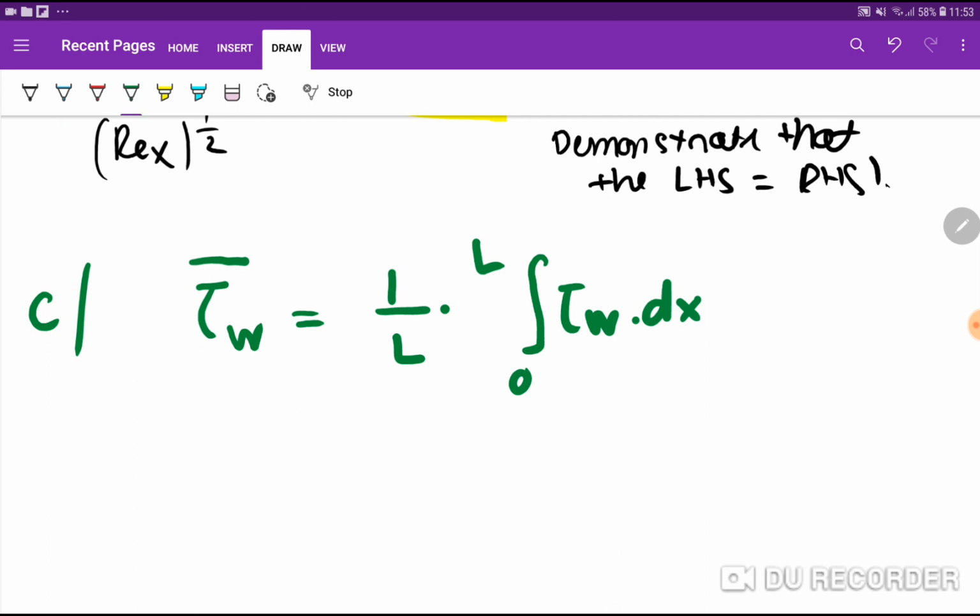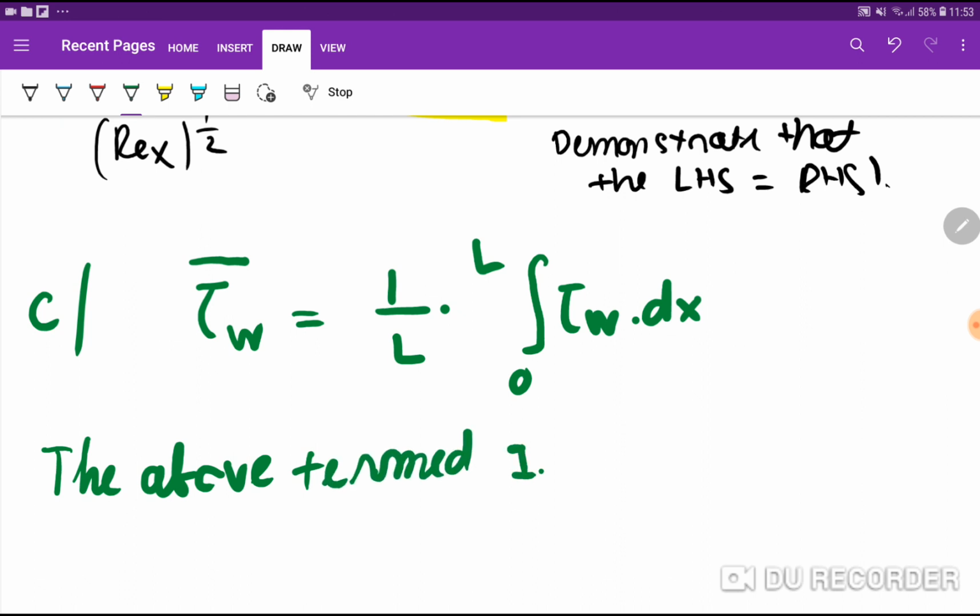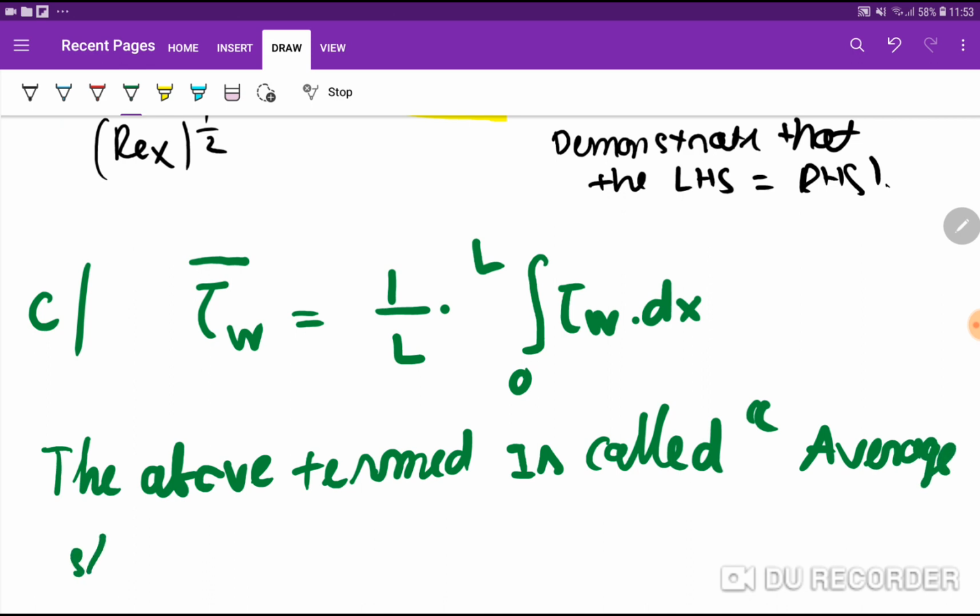The above term is called the average shear stress per unit length.